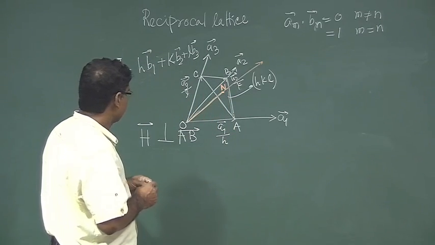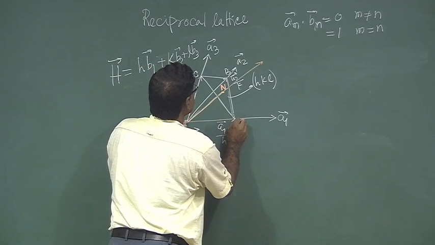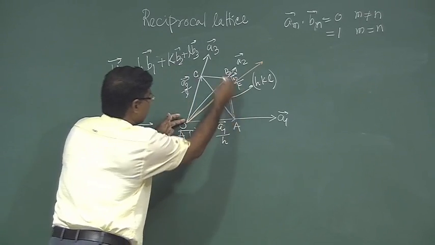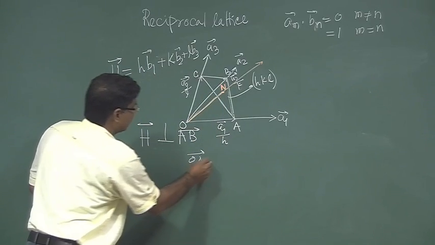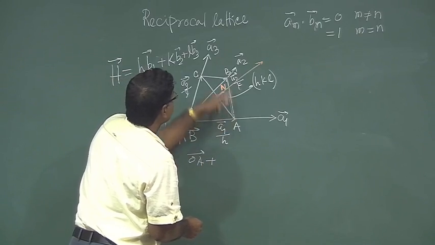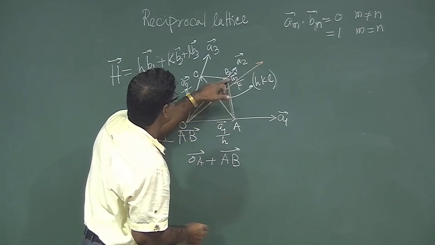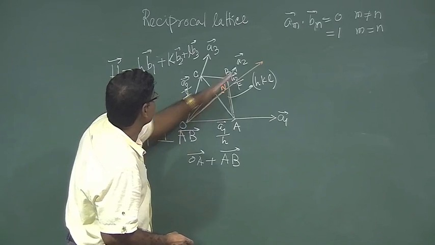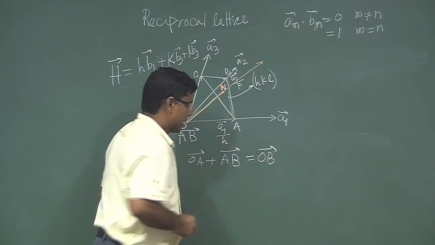So, here for AB, if I take vector OA and this is AB, from here I can write OA plus AB equal to OB, right.